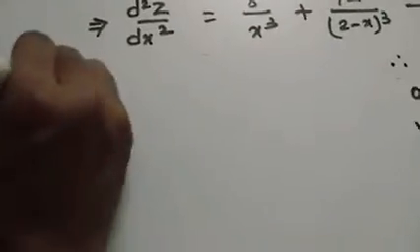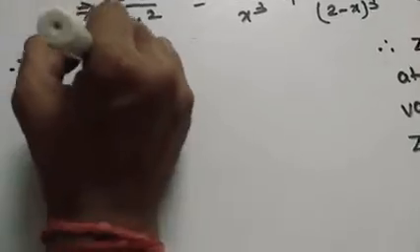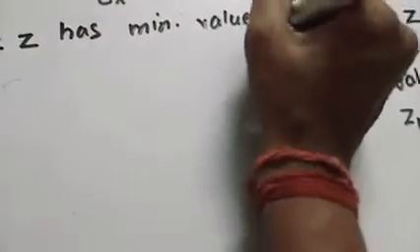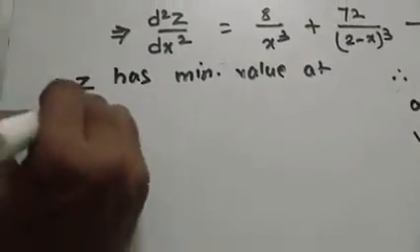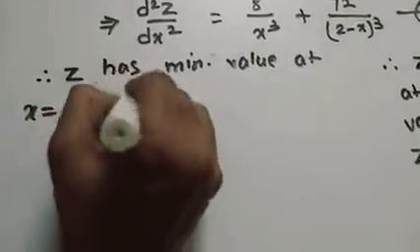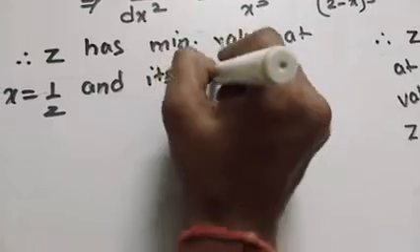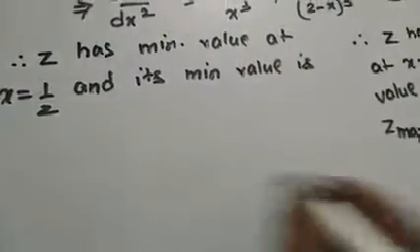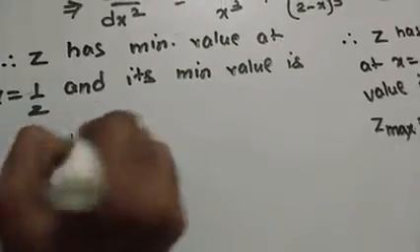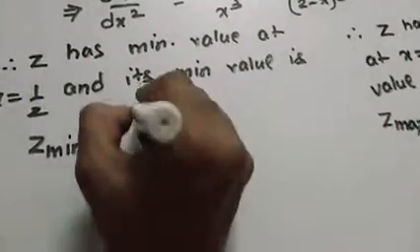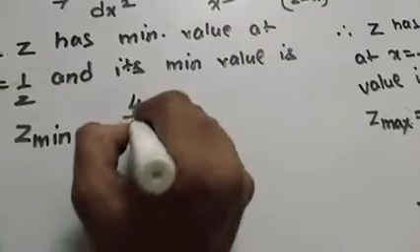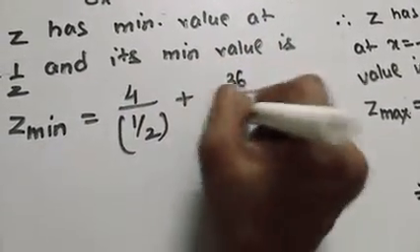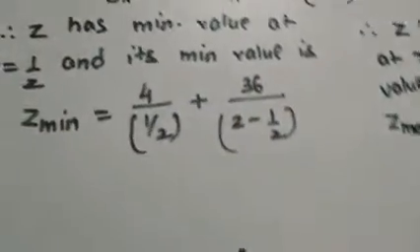We will write, therefore z has minimum value at x equals half, and its minimum value is z minimum equals, now putting in the main expression 4 by x, which was half, plus 36 by 2 minus x, that is half.